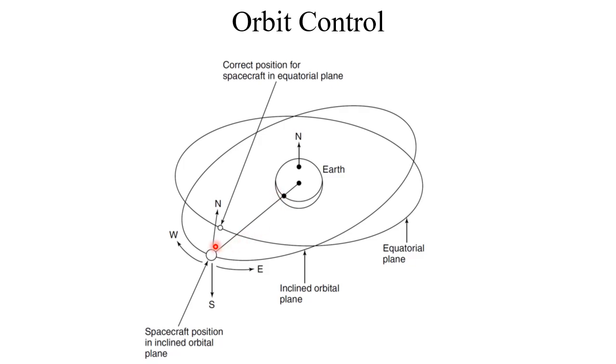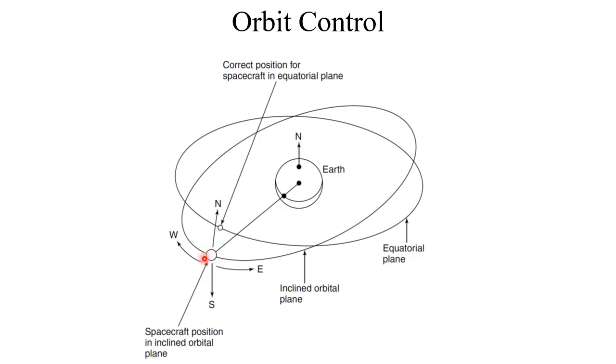Now, if this change in position of the satellite or inclination angle change is detected, what we should do? Actually, there are a number of jets or engines or thrusters present on the satellite.